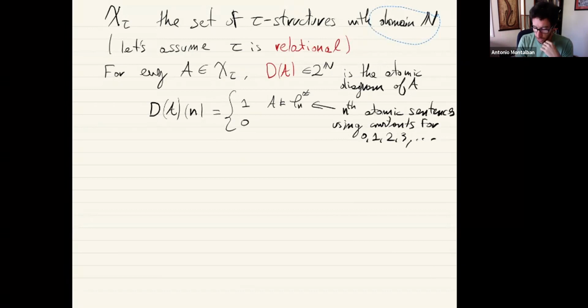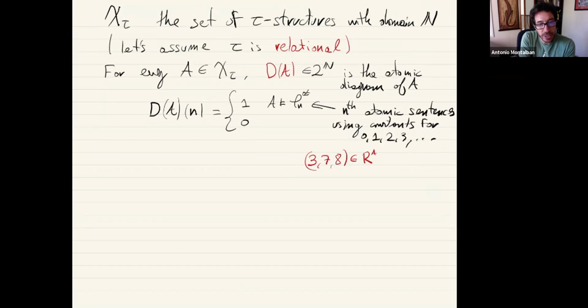So when you consider the atomic diagrams, you look at formulas or sentences about those elements, right? So for instance, you can say something of the form: 3, 7, 8 belongs to the relation R in the structure A. So R is a ternary relation in the structure.